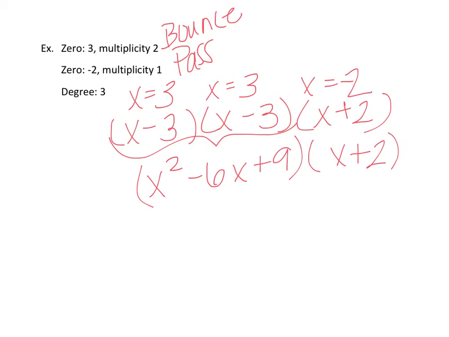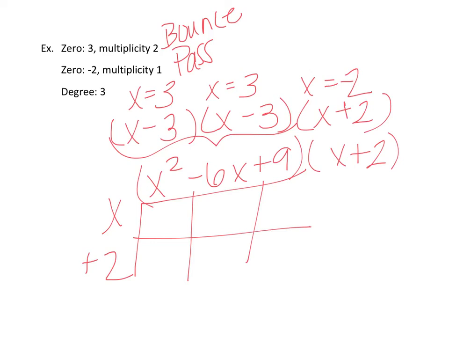When I'm multiplying polynomials that are bigger than 2 terms, I like to put them in a box. You can do it however you want. This keeps my work much neater. X cubed minus 6x squared plus 9x. Okay, so I'm multiplying on both sides.